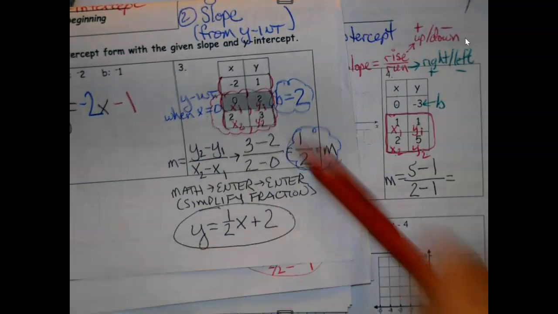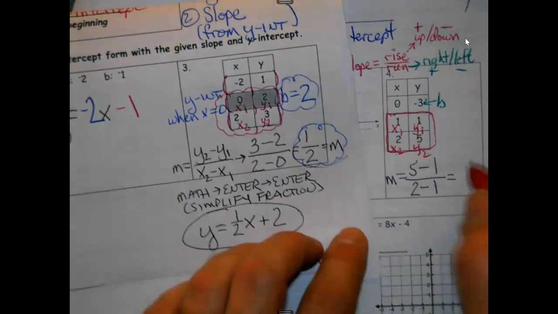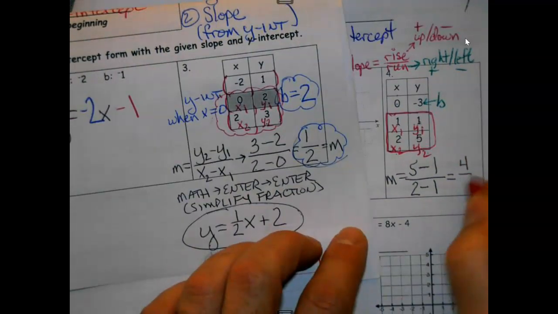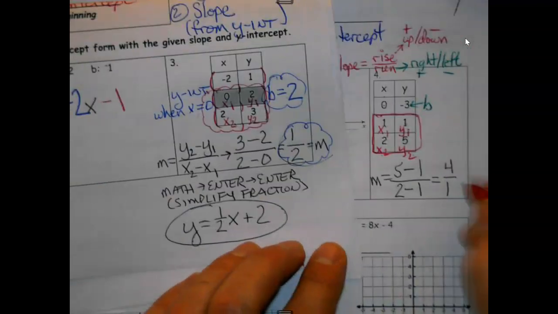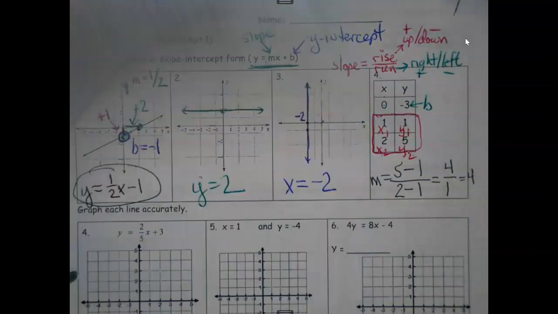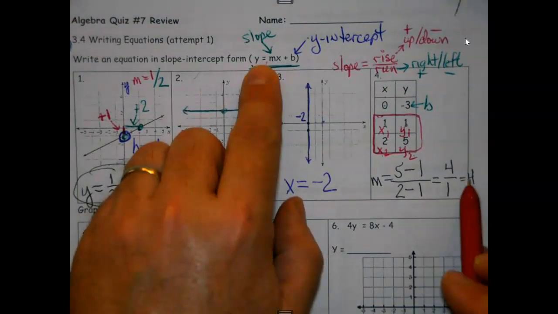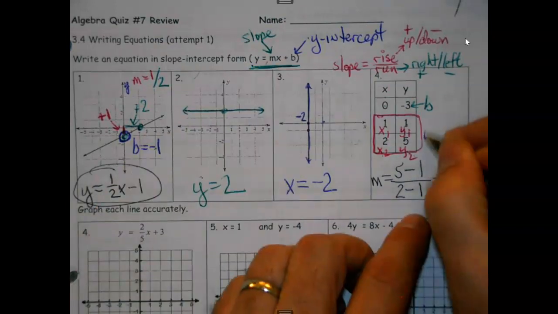That's why I said, if you don't have your notes updated, that'd be a nice thing to have. Because then I can get that in there and be set. Because now I have my m and I have my b. And I can write my equation.